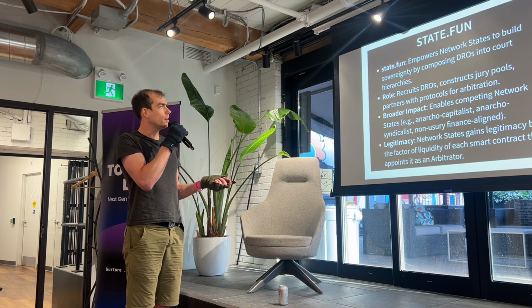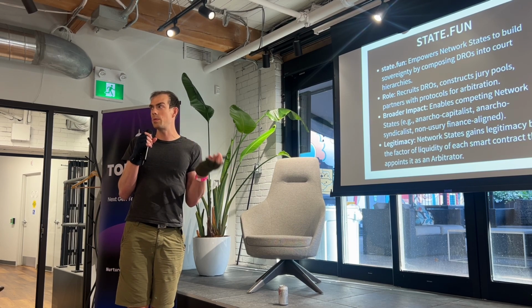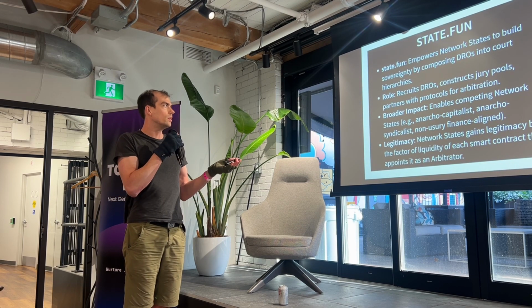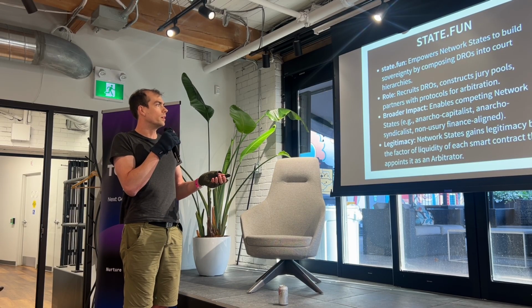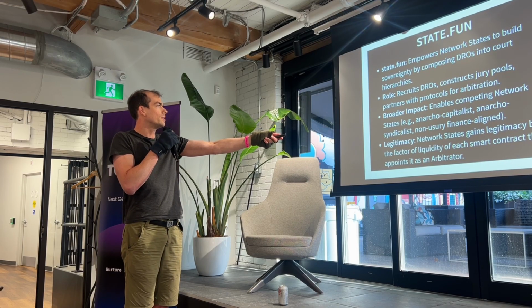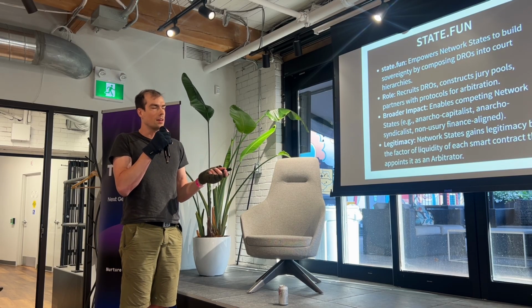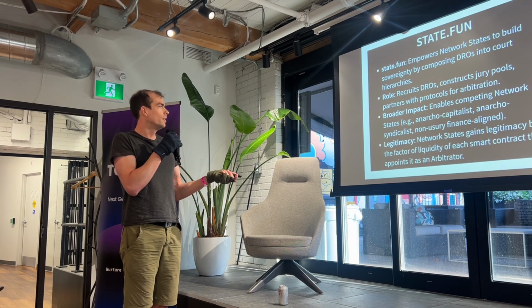And then I suppose the broader impact is that maybe we, as Web3 people, are libertarian leaning, but there's also space for other moral frameworks, like anarcho-syndicalist or non-usury finance, so that's no interest, like Islamic finance, I've heard.